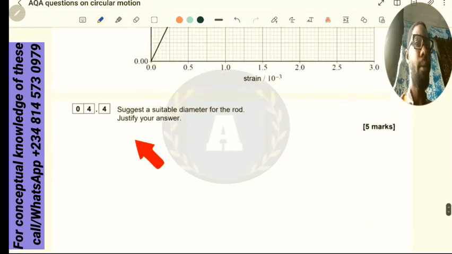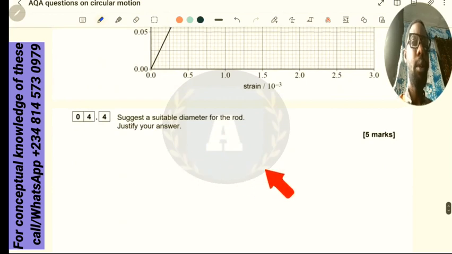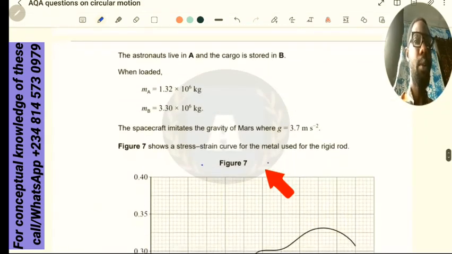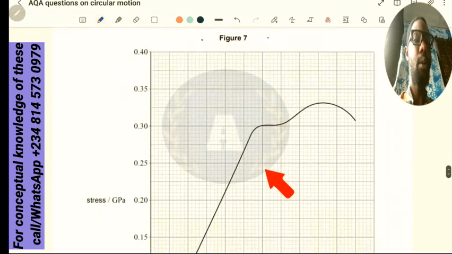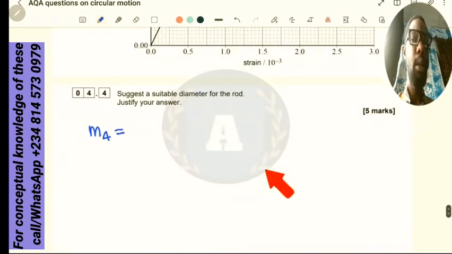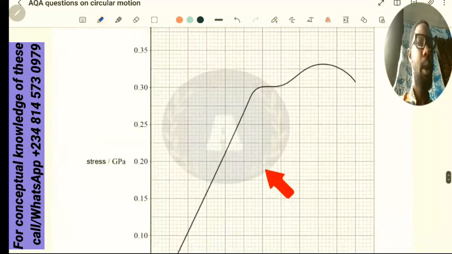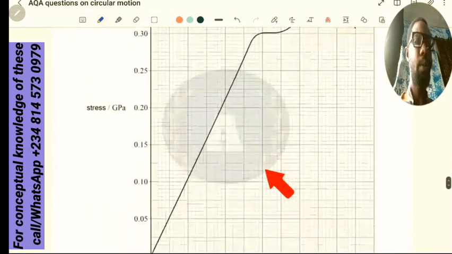Now the mass of A has been given to be 1.32 times 10 to the power of 6 kilogram, and gravity has been given to be 3.7 meter per second square.